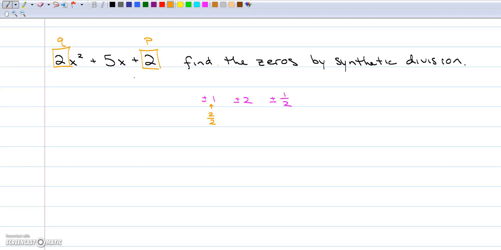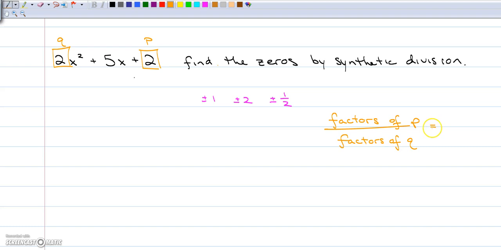But that's not the only possibility. What I'm actually looking for in this P and Q situation is I am using the factors of P over the factors of Q. So that list of ±1, ±2, and ±1/2 is actually the same idea as what I've written here.